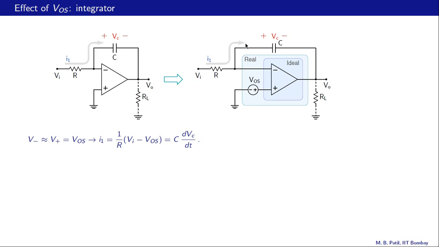And therefore we can write I1 equal to C dVC/dt, and we get this equation here. In other words, the capacitor voltage marked here is given by Vc equal to 1 over RC integral of (Vi minus Vos) dt.